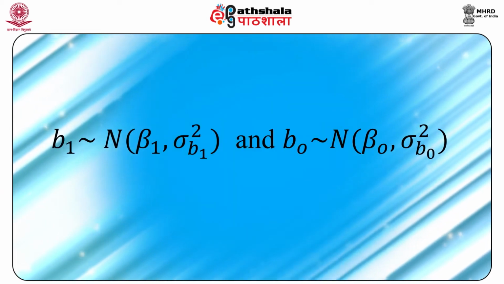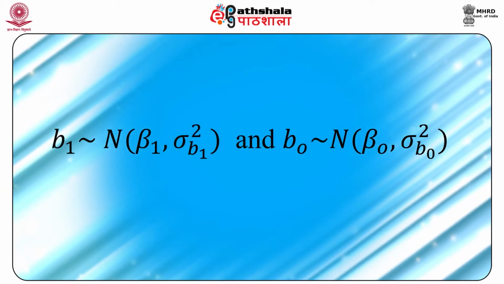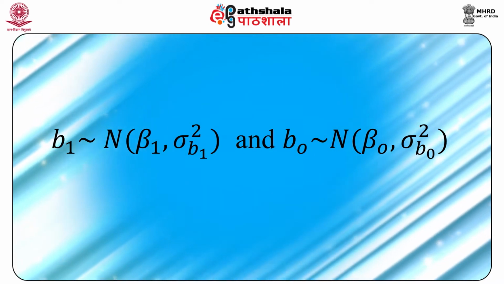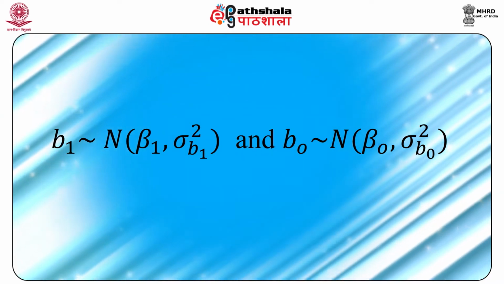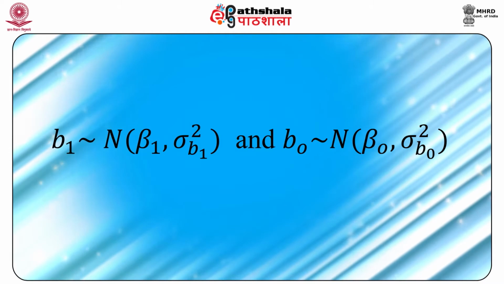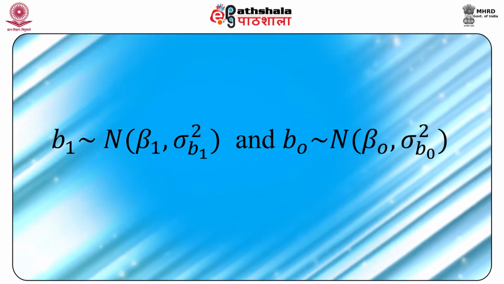Now, having understood the distributions of yi and earlier of b0 and b1, let us now look at the student's t statistic. Now, we have b1 distributed normally with beta 1 and sigma b1 square, and b0 distributed normally with beta 0 and sigma b0 square.